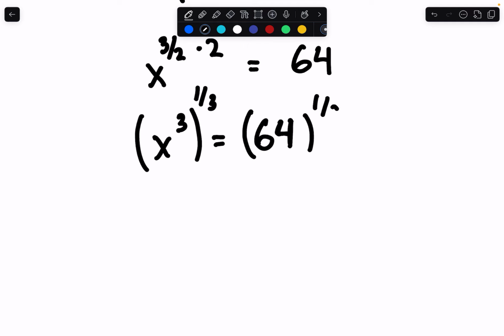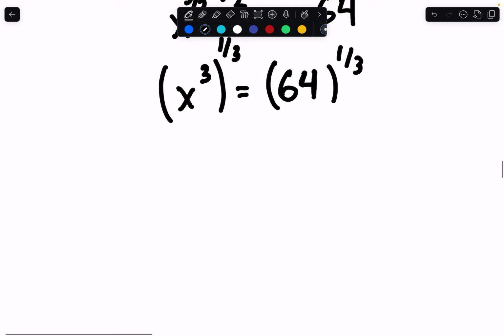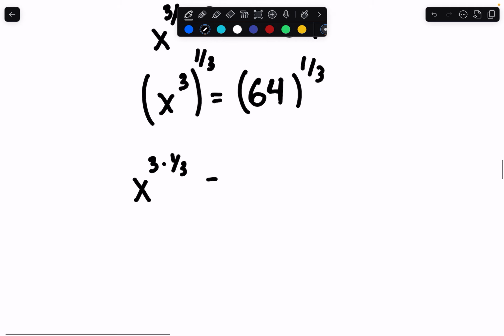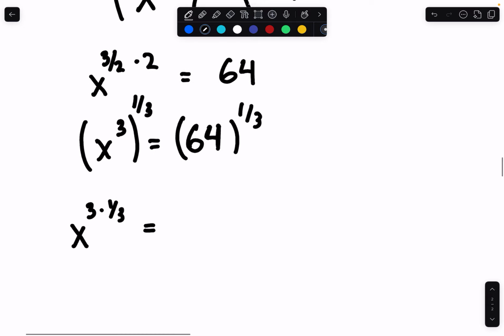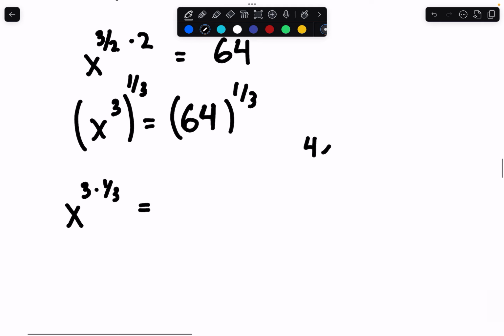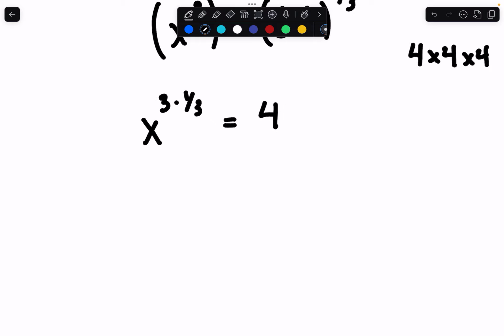So when we do x to the power of 1 over 3, what we end up with is x to the 3 times 1 over 3, which just ends up being 1, is equal to the cube root of 64. You can plug this into your calculator or recognize that 64 is actually just 4 times 4 times 4. So the cube root of 64 is 4, which gives us our final answer of x equals 4.